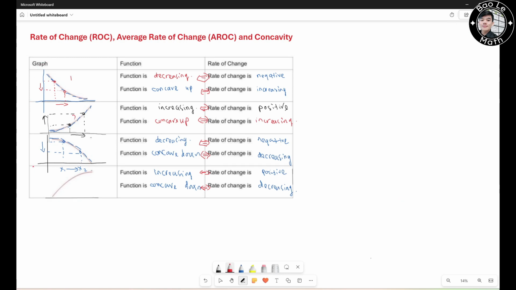Alright. Now the last one, if the question gives you a table like this, and the question like this, the graph of f of s is decreasing at an increasing rate.